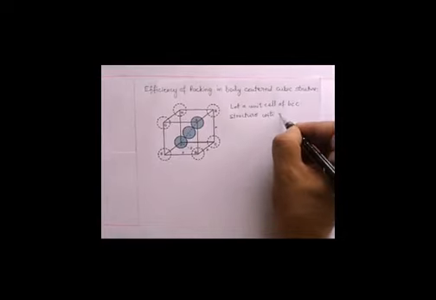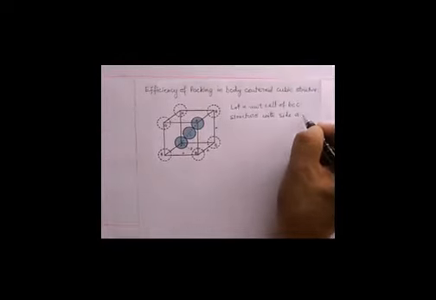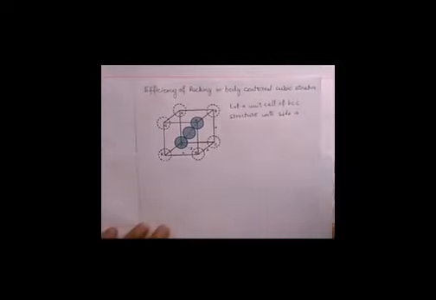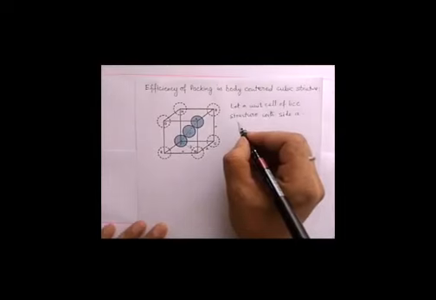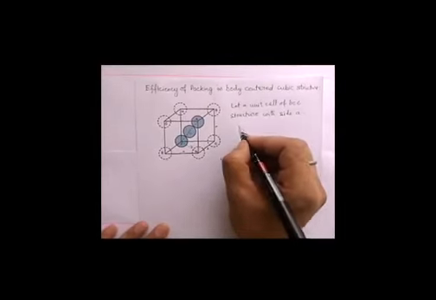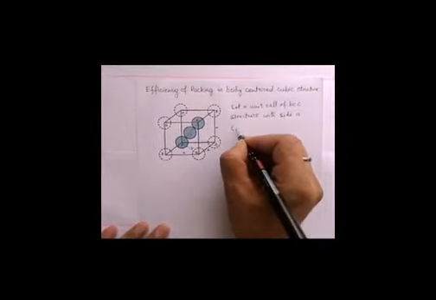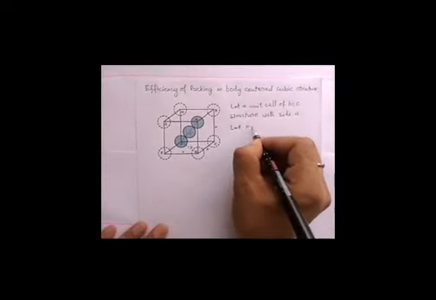We have already assigned the side to be A. Now let's check what the diagonals are. Let's start with FD.